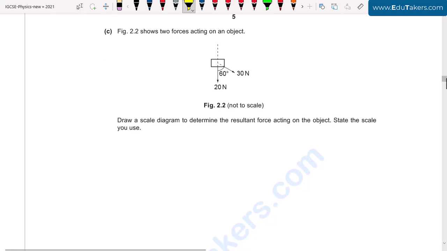Next part. So part C. Figure 2.1 shows two forces acting on the object. The 20 Newton force is acting vertically downward while the 30 Newton force is at an angle. The 20 Newton force has only a vertical component, that is the y component, and the 30 Newton force has both vertical and horizontal components, x and y.